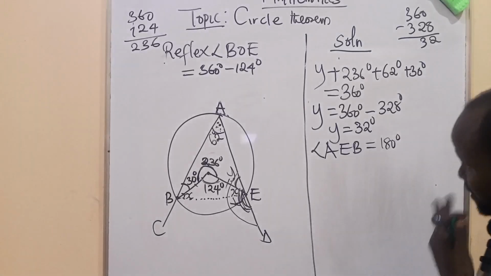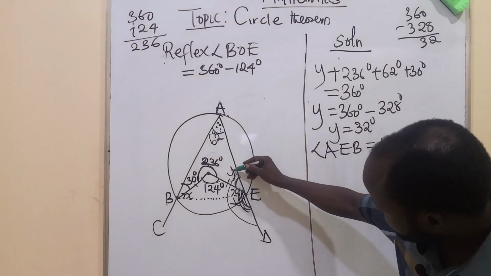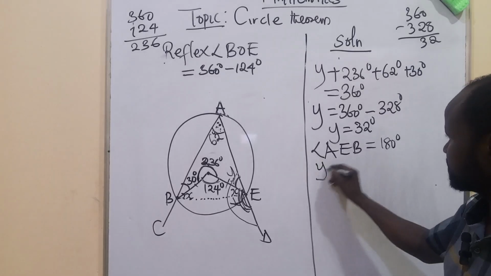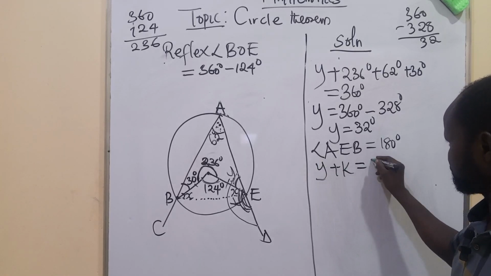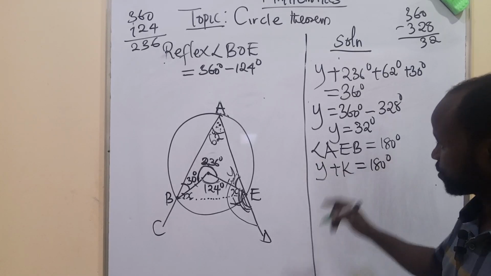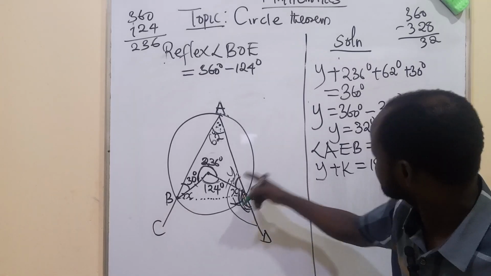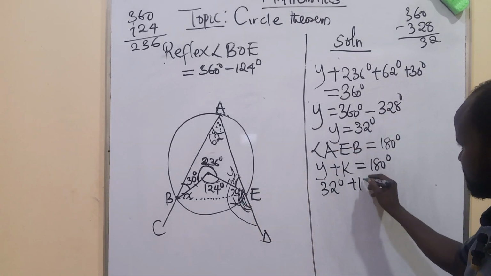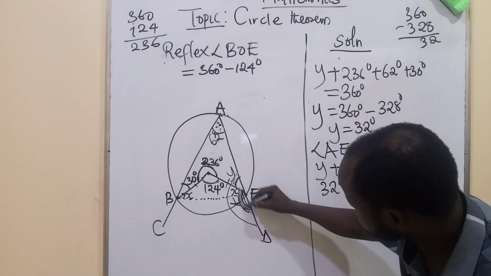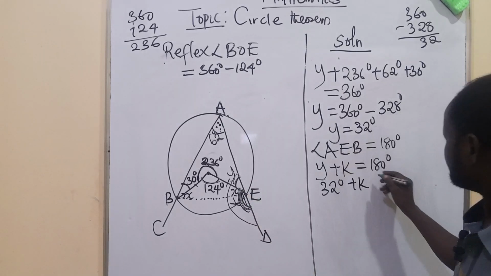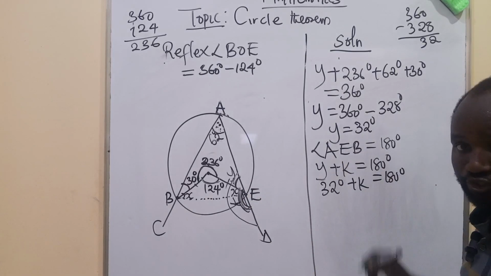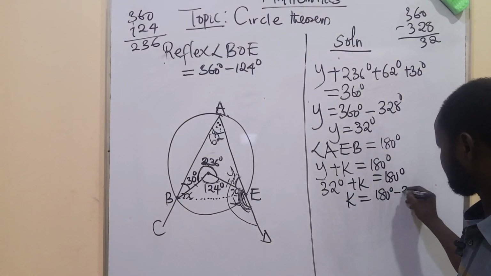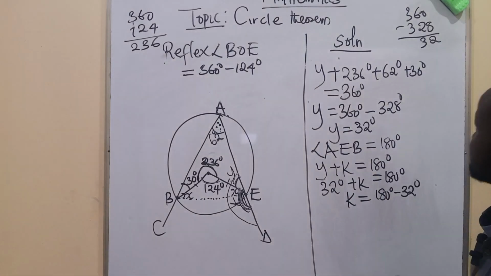So y plus k is equal to 180 degrees, but we know y as 32 degrees. So 32 degrees plus k, which is the whole of this angle, will be equal to 180 degrees. So k now will be 180 degrees minus 32 degrees.